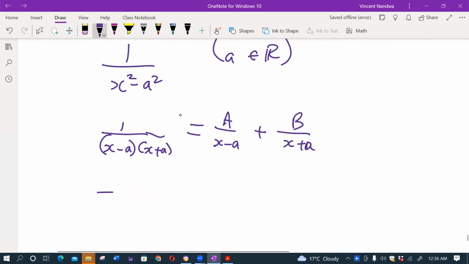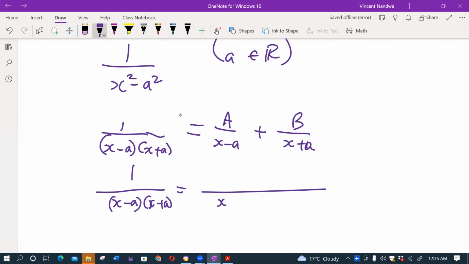So the LCM is (x minus a)(x plus a). So we have A into (x plus a) plus B into (x minus a).